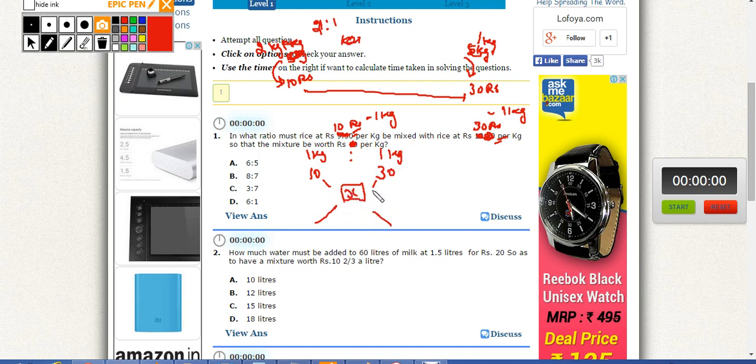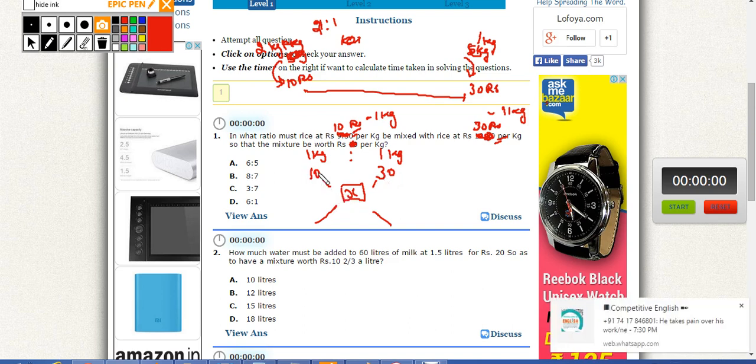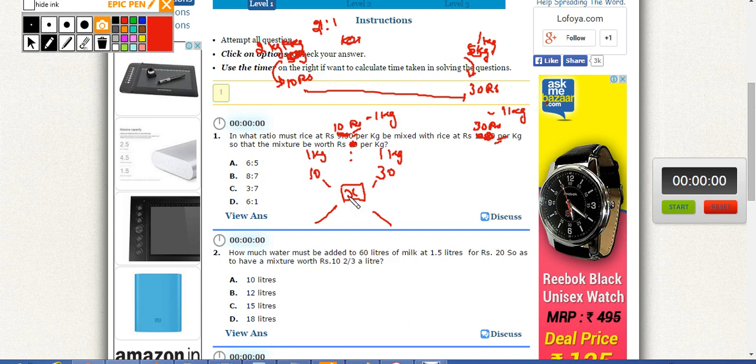Since that is a mixture, since that is the average price, this average price will lie between 10 rupees and 30 rupees, right? So obviously x is going to be greater than 10 and x is going to be less than 30.